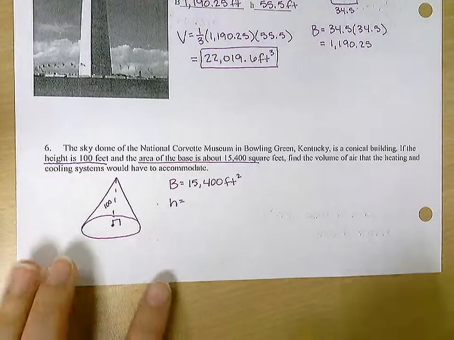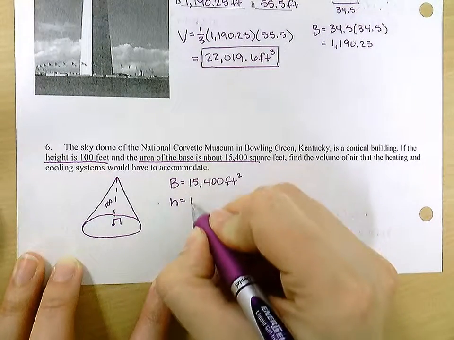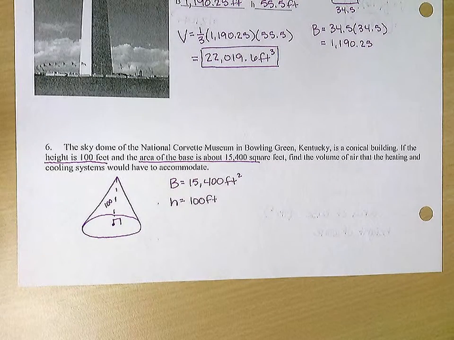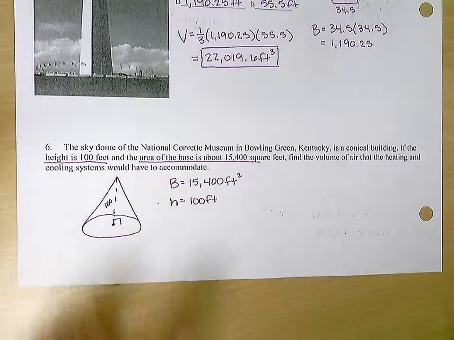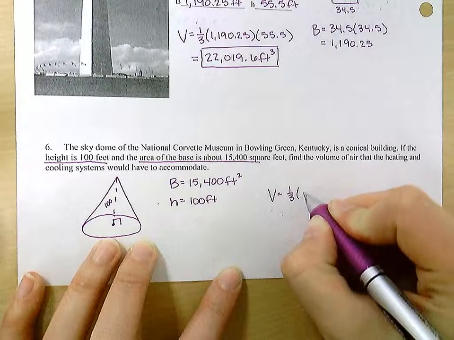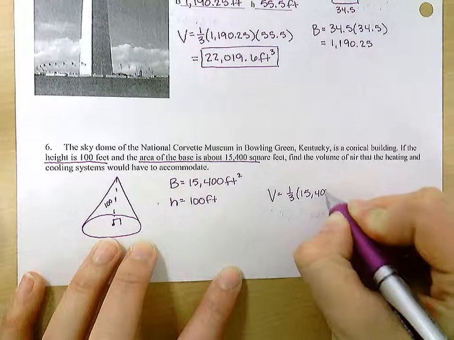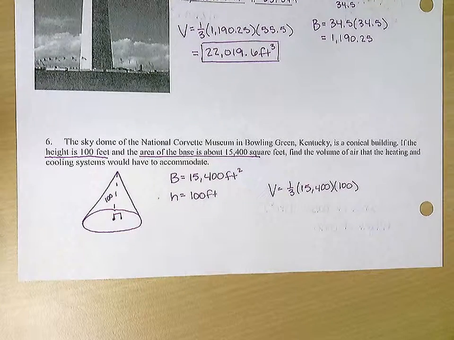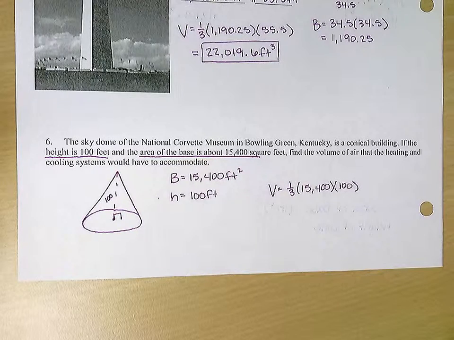The height was also given to you. I labeled that. That was 100 feet. So I can find the volume needed for the heating and cooling systems by taking 1/3 capital B times H. So 15,400 times 100 divided by 3.